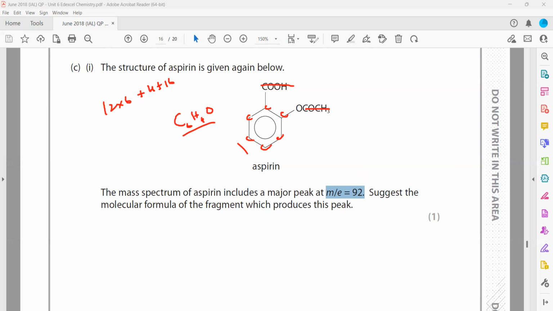When this one and this part here are lost, it will have 1, 2, 3, 4 hydrogens, each of them has a hydrogen, and we're left with this one. As a result, it will produce a peak at 92.